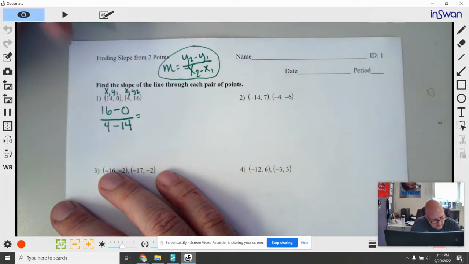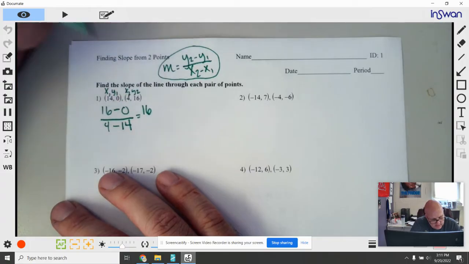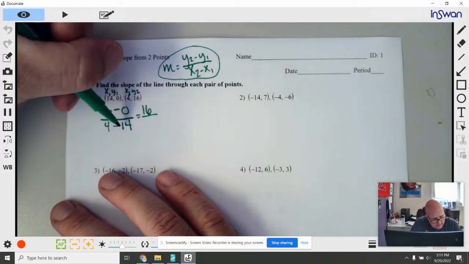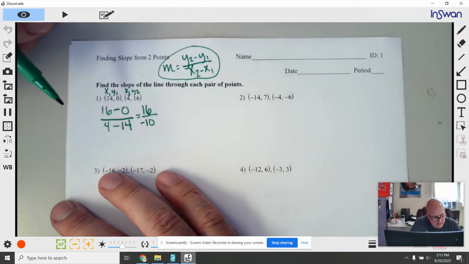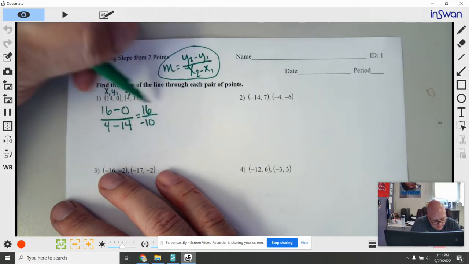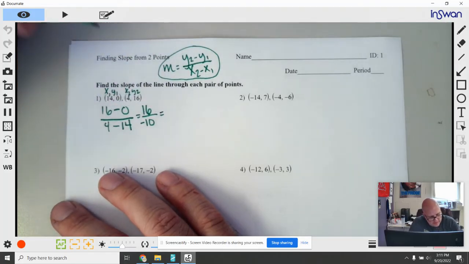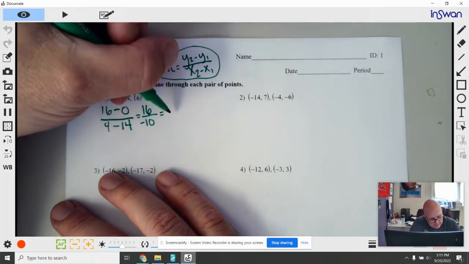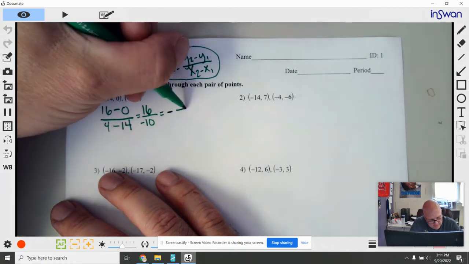And then I solve. So I get 16 take away 0, that's 16. 4 take away 14, that's going to be a negative 10. At this point, I do need to reduce, but remember, we don't change it to a mixed number. So if I have one negative in the problem, I'm just going to put my negative sitting out front, and then my fraction bar.